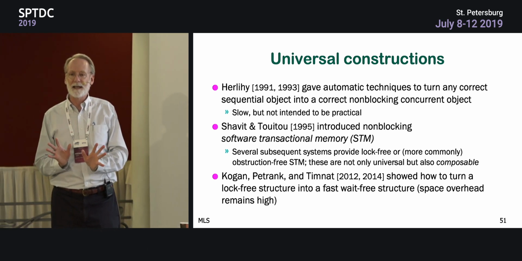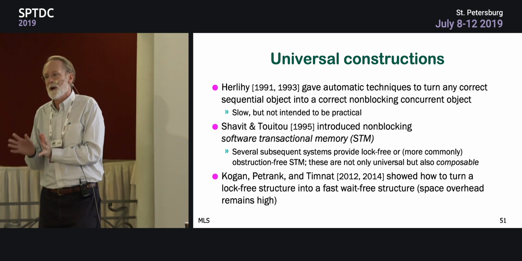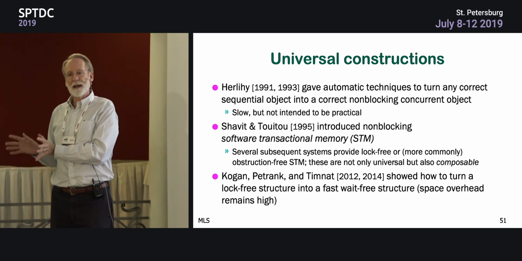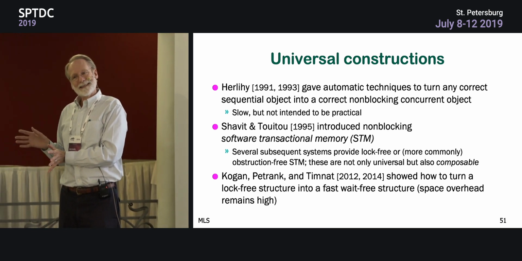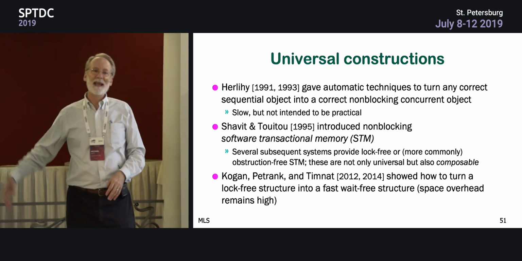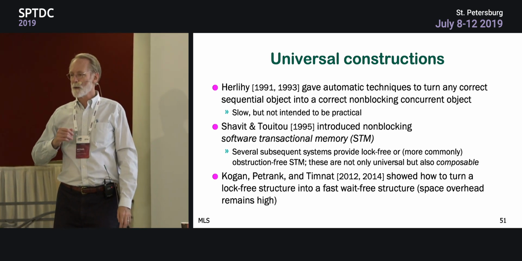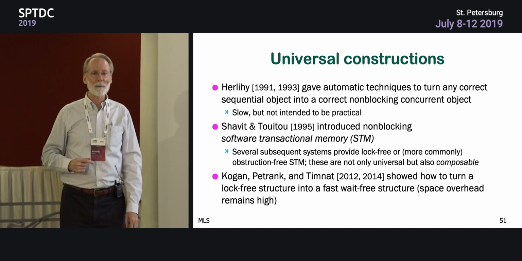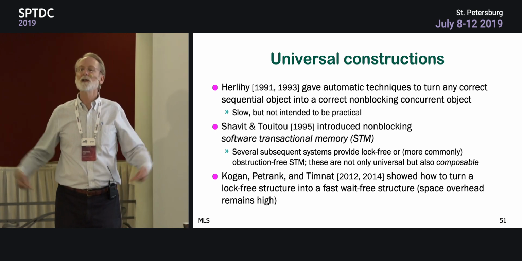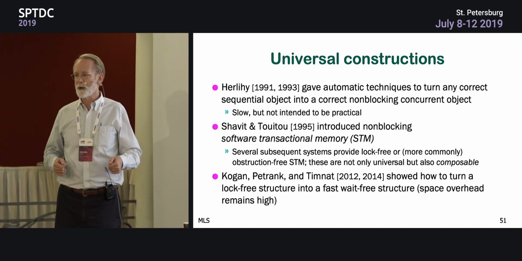But the basic idea is most of the time you just do what the lock-free algorithm would do. But every once in a while, that doesn't work for you, in which case you advertise the fact that it isn't working for you, and everybody else is obligated once in a while to look and see if you're having trouble and help you.